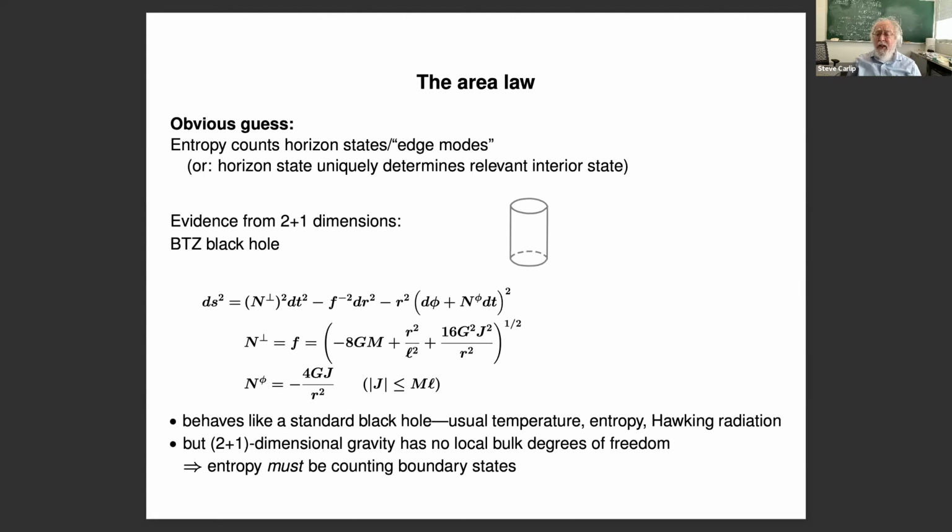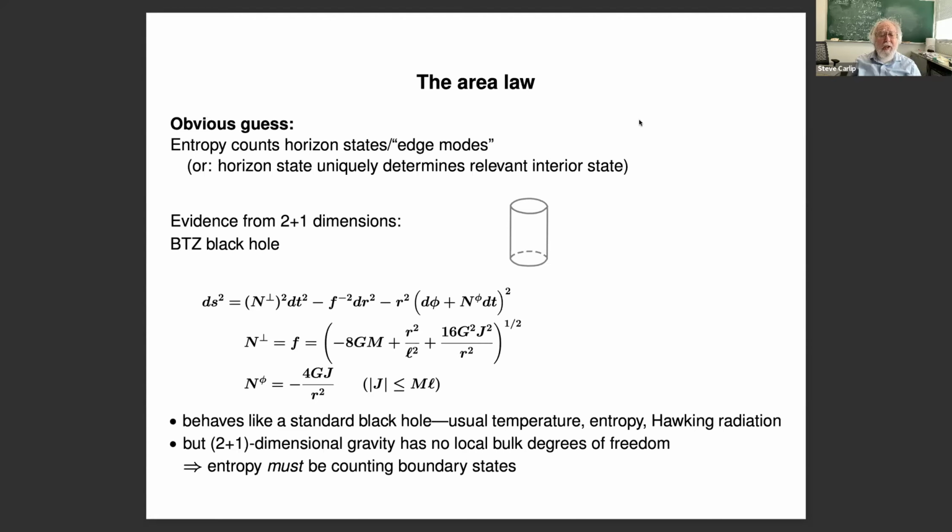On the other hand, there is some pretty good evidence that black hole entropy comes from horizon states. And this comes from the BTZ black hole, the Bañados-Teitelboim-Zanelli black hole, which was discovered in 1992. This is a black hole in 3 space-time dimensions.